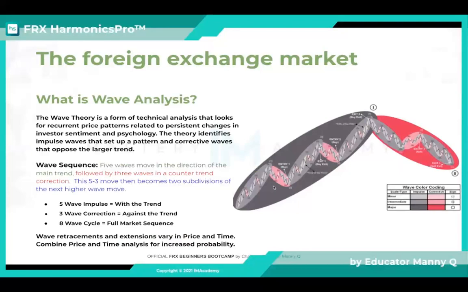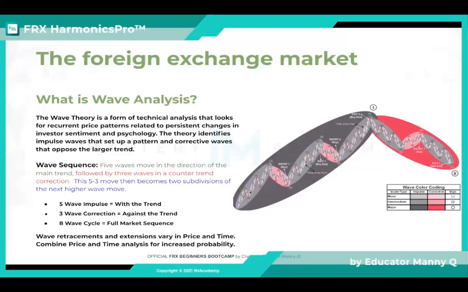So if we take a look here, inside of here, you have 1, 2, 3, 4, 5, followed by the next 1, 2, 3. Now, once that completes, that becomes a part of the bigger wave. Then we have a 1, 2, 3, 4, 5, followed by a 1, 2, 3, followed by a 1, 2, 3, 4, 5, right?